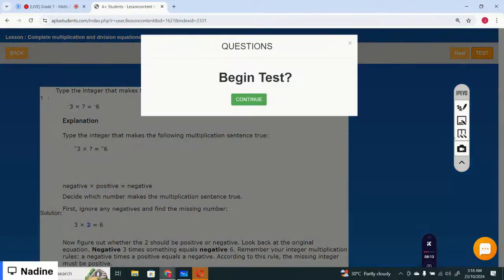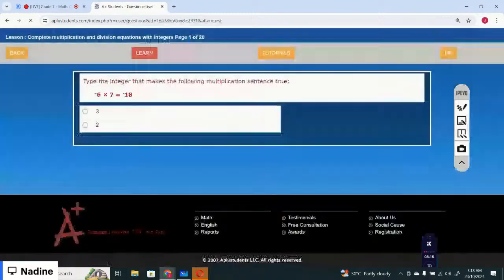Let's start with the test questions. Type the integer that makes the following multiplication sentence true. Negative 6 times the missing number is negative 18. So which is the correct option?